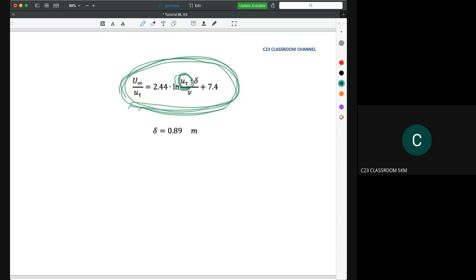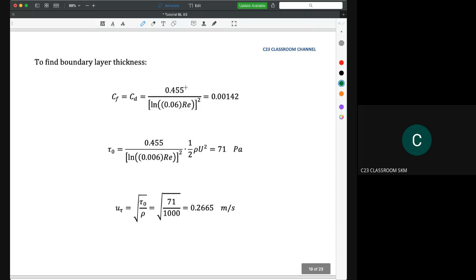To calculate U tau, we need to calculate the value of tau naught. The equation for tau naught is given here, and it includes this term, which is actually the value of CD. So we start by calculating the value of small c d, meaning the local drag coefficient.